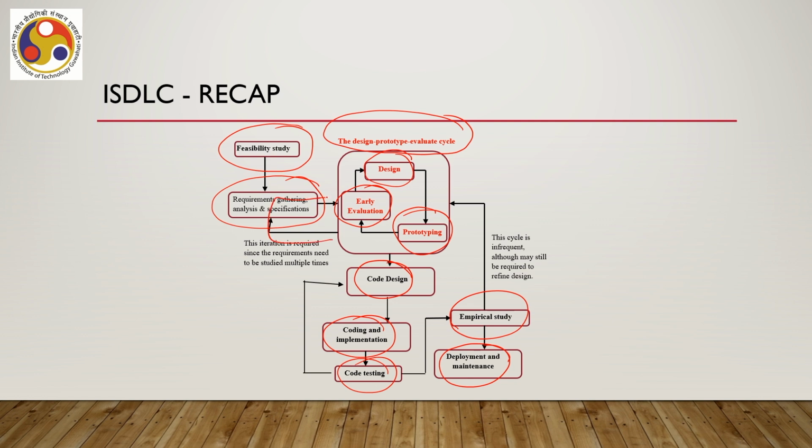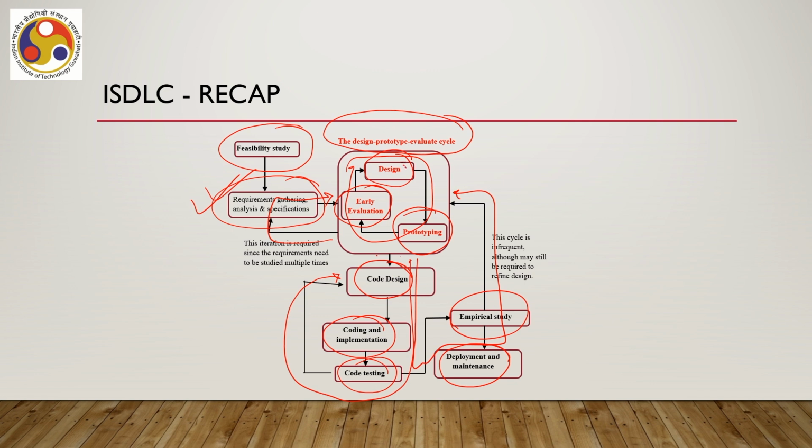So, one between here, then we have this loop, then we have this loop, then we also have this loop. So, a lot of feedback loops are there. Out of these, we have already talked about the requirement gathering stage. Note that there are two design stages.